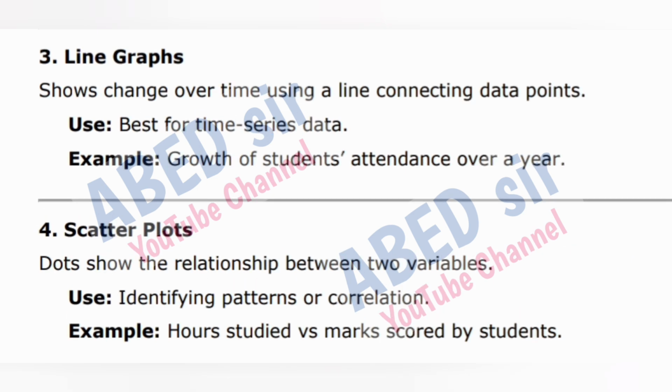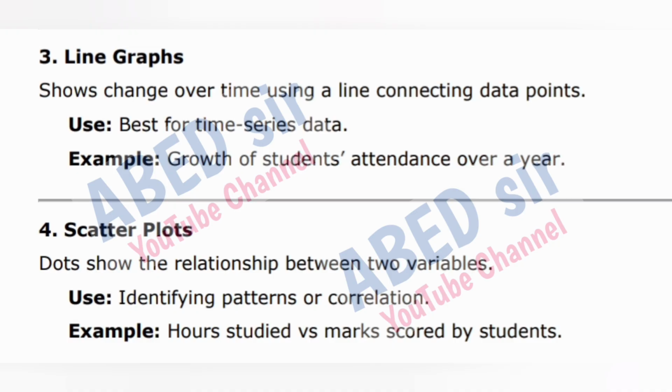3. Line graphs. Shows change over time using a line connecting data points. Use: best for time series data. Example: growth of students' attendance over a year. 4. Scatter plots. Dots show the relationship between two variables.